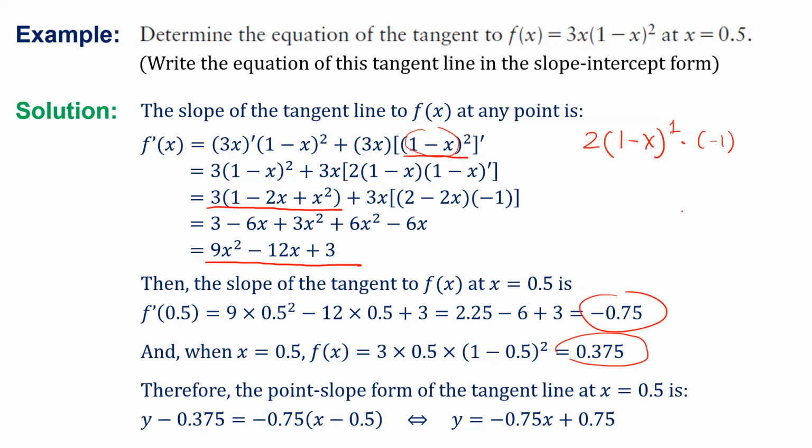Because simply we know the slope of this line is negative 0.75, and this line also passes through this point, 0.5, 0.375, right? So we can express that line using the point slope form, which can be converted to the slope intercept form, which is y equals negative 0.75x plus 0.75.